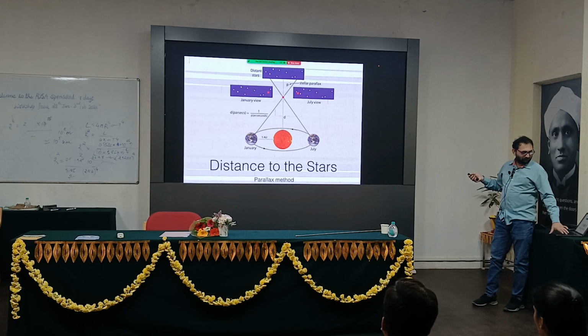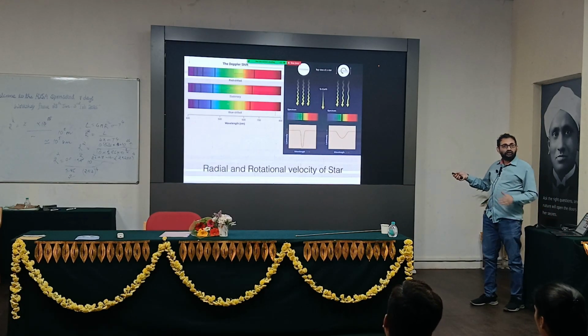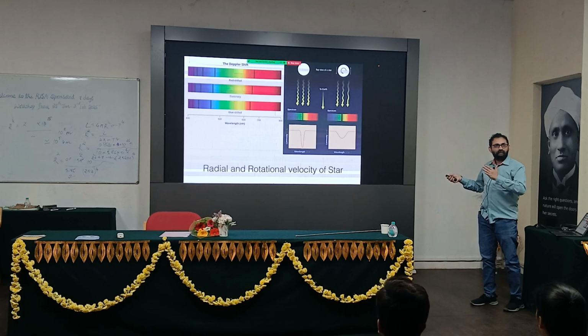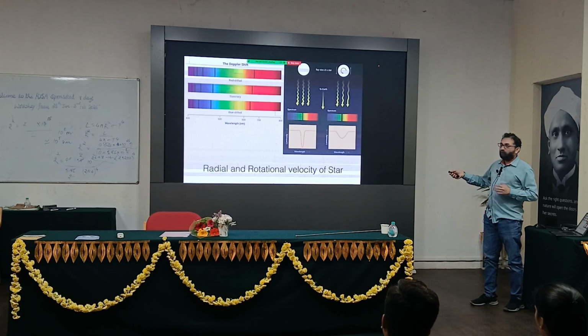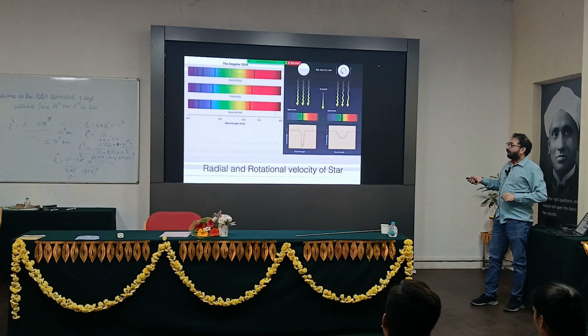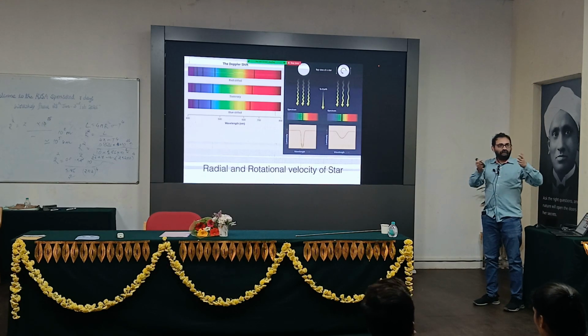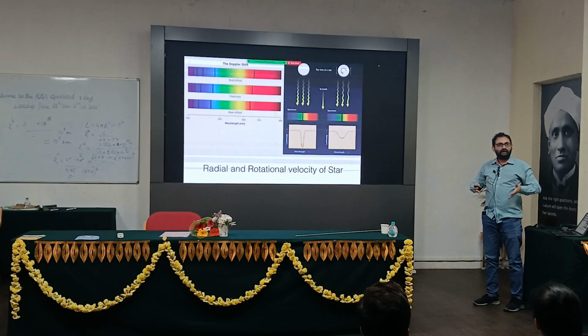It's very simple trigonometry. Then the spectral lines can be shifted towards different wavelengths. If they shift towards blue, it is called blueshifted, and towards red, redshifted. This is how you understand the line of sight velocities, since you know the spectral lines. And if any material is moving much faster, the spectral line will get broadened.